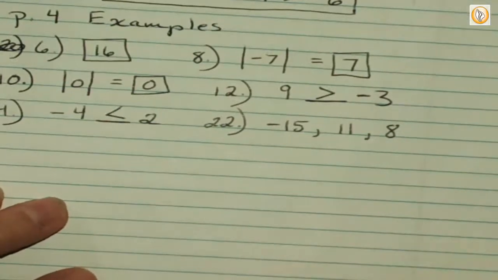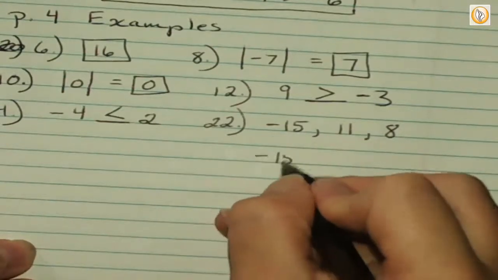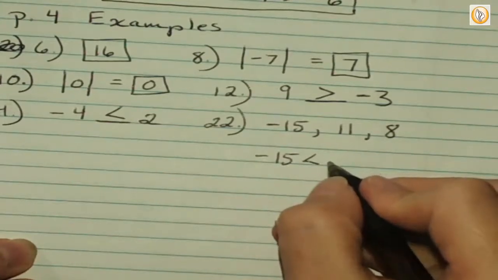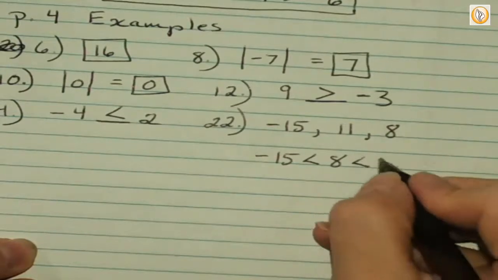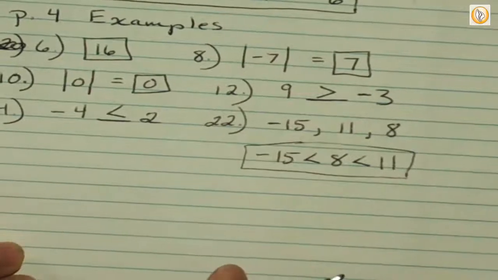So back to Joseph. Joseph, least to greatest. Negative 15 is less than, go ahead, 8. 8, which is less than 11, and we box our answer. Any questions?